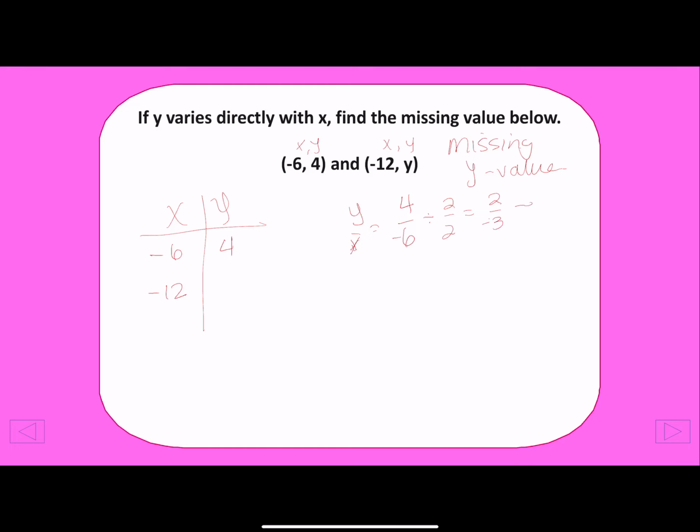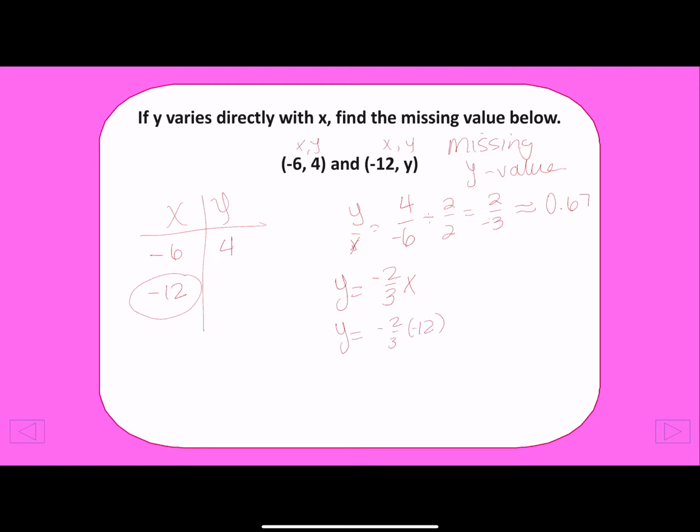These two are divisible by 2, therefore it will be -2/3, okay. You can also do the equivalent decimal, which is about -0.67. It's up to you. Okay, so now I'm going to create my formula, which would be my equation, which will be y equals -2/3 of x, okay?